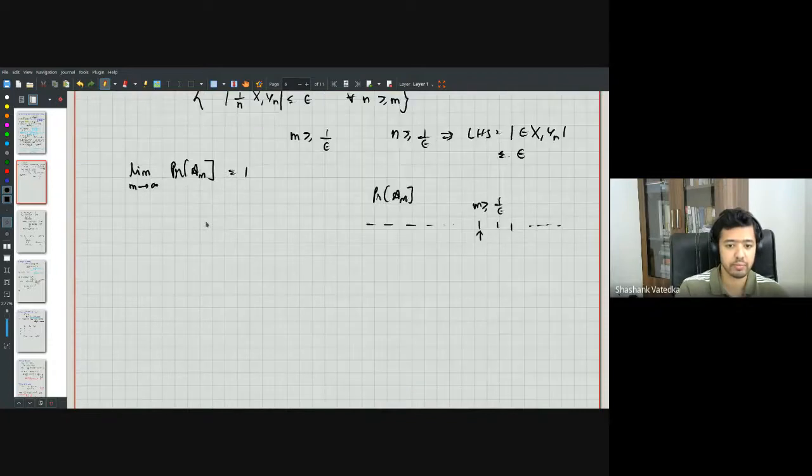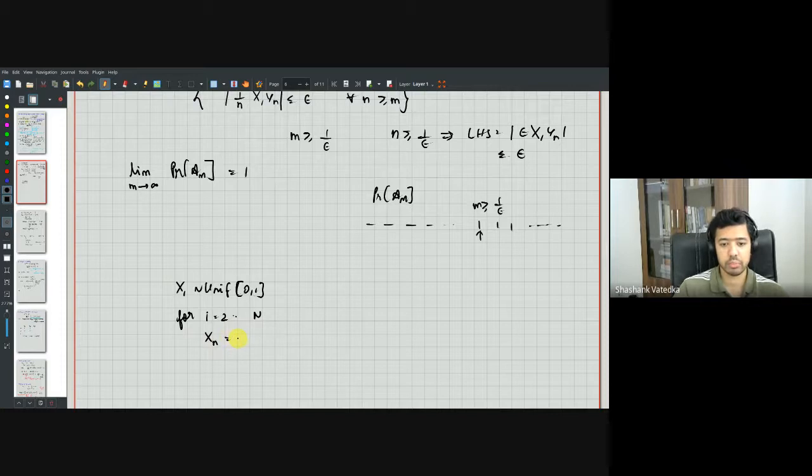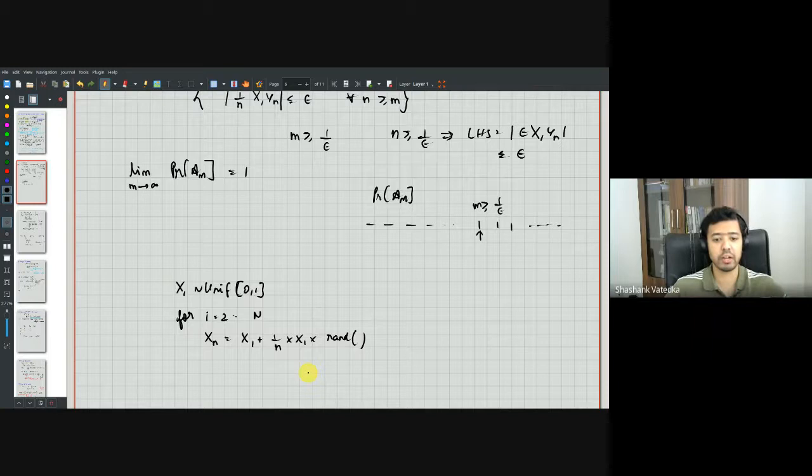You first generate x1, maybe using the rand function, uniform 0, 1, and then for i equal to 2 to some large number, you generate xn, which is basically going to be equal to x1 plus 1 over n times x1 times yn. Use whatever function generates uniform random numbers in the programming language of your choice.